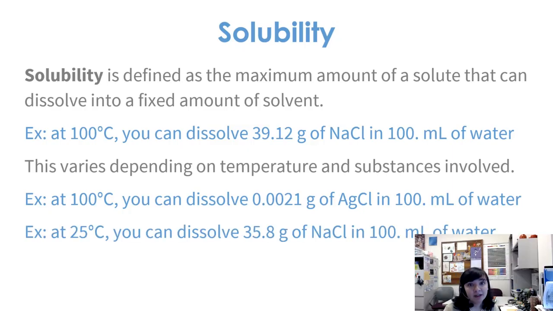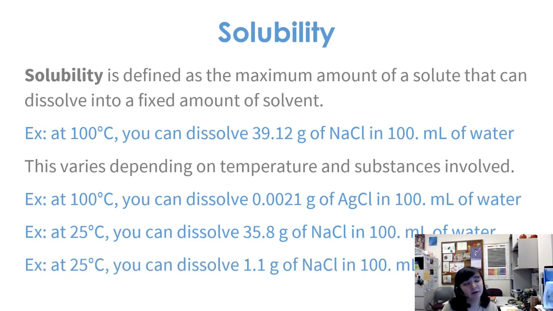We can also compare the effect of temperature here. For sodium chloride, if you want to dissolve that at 25 degrees Celsius instead, you're going to see a slightly lower solubility. Or if I were to try to dissolve sodium chloride in methanol, another liquid, instead of water, I'm going to see a different solubility from that as well.